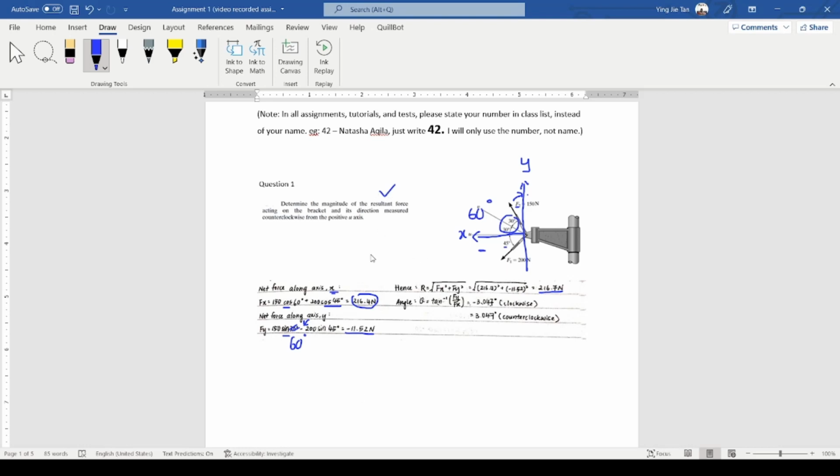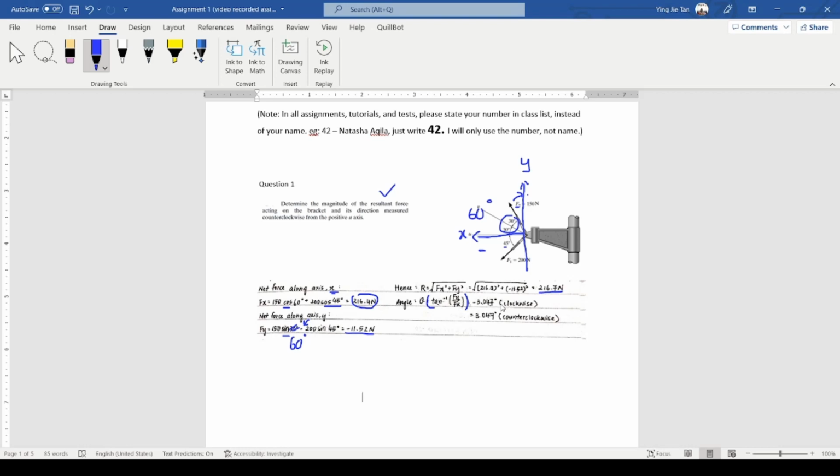Next, we are going to find the direction measured counterclockwise from the positive u-axis. The same one, we are going to use this fixed equation: tangent negative 1 power, and then a bracket Fy over Fx.